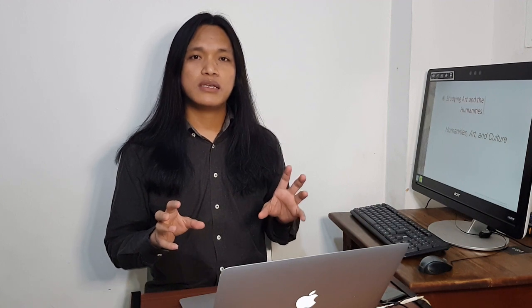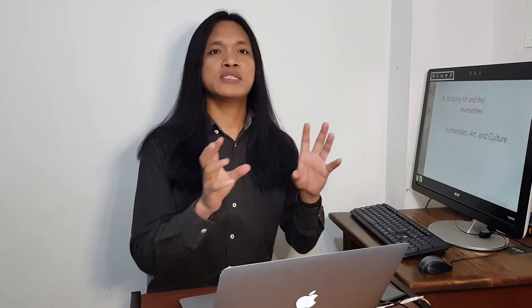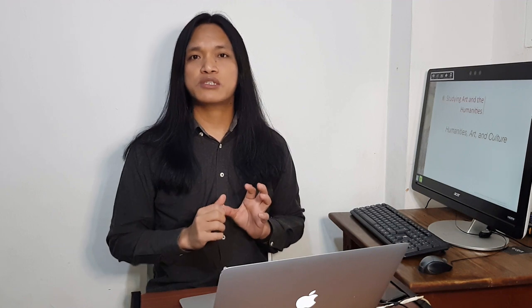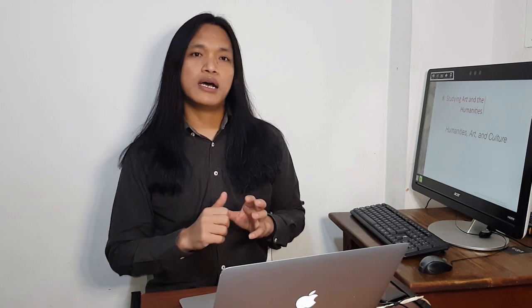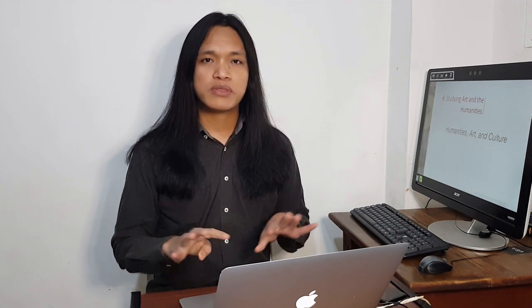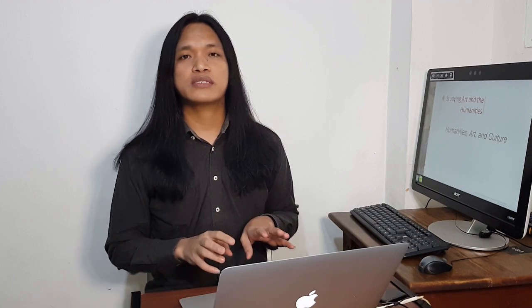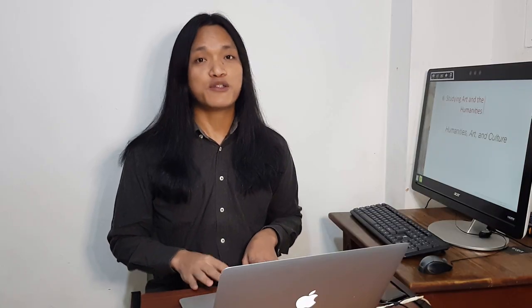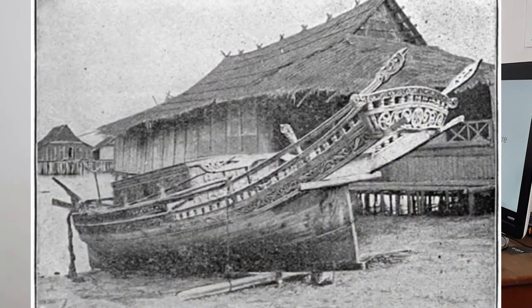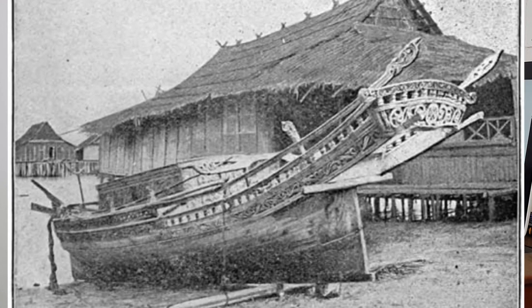When we say an environment that influences the shaping of the consciousness of these communities, for example, the people in the Sulu archipelago for centuries mastered the art of making boats, because that is necessary for the very survival of that community.